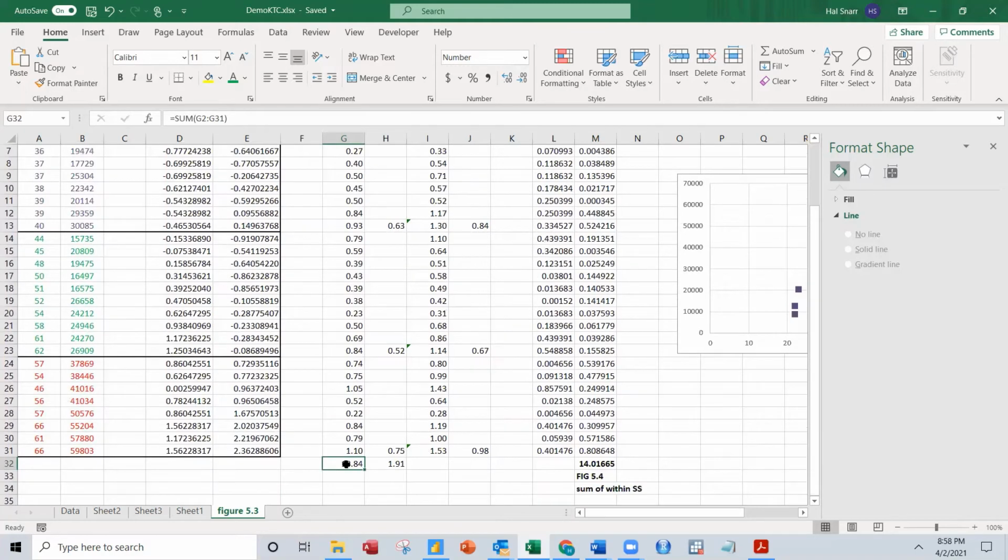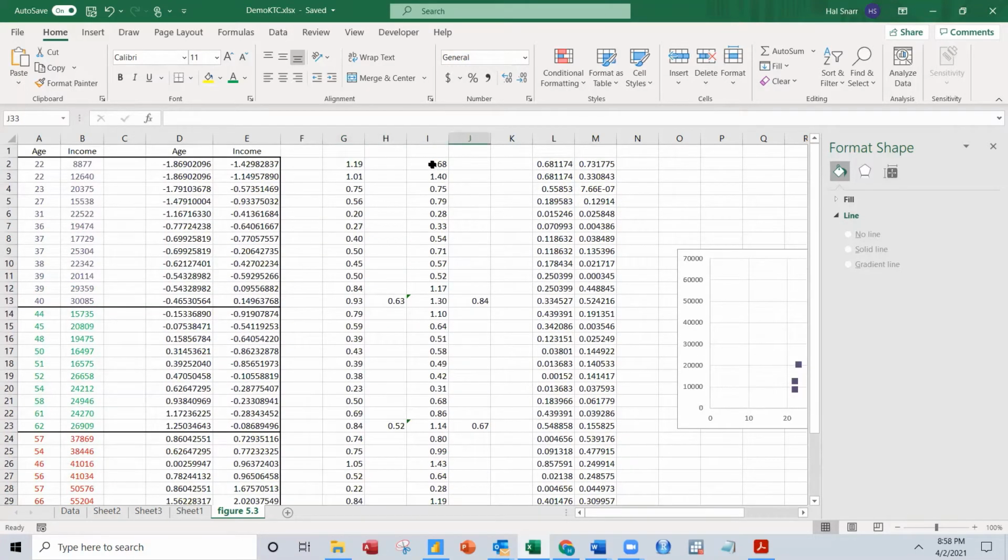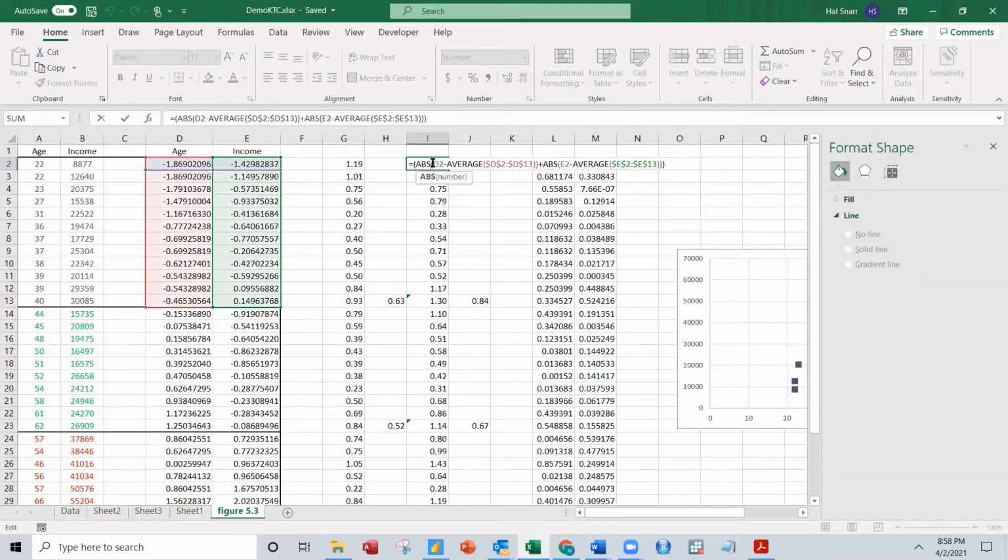I think I can delete this here. I don't need that. Okay, now this is what's called the Manhattan difference. What do you have here? You have the absolute value of the difference. So you have the average of the group subtracted from the observation.